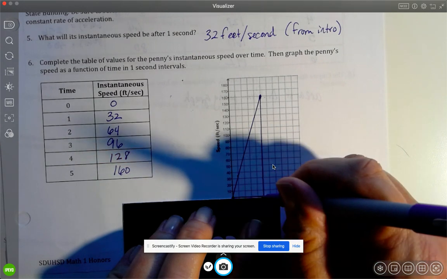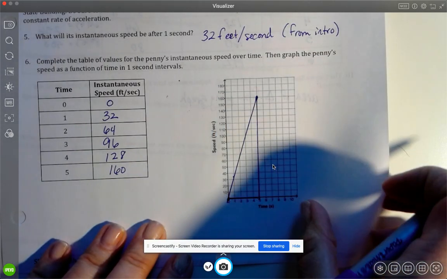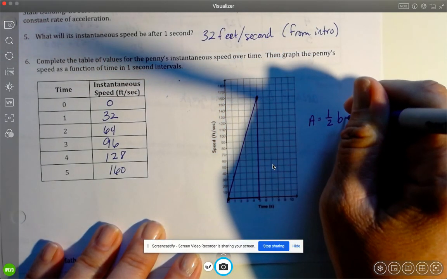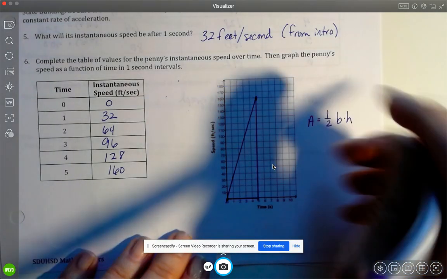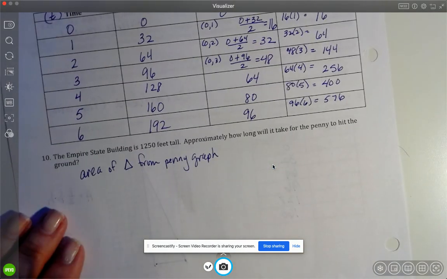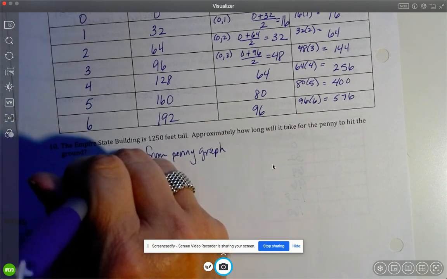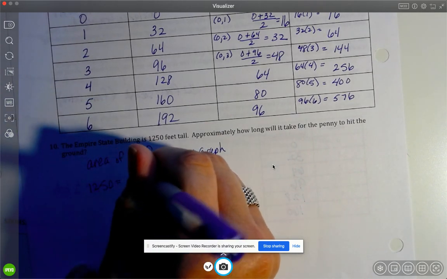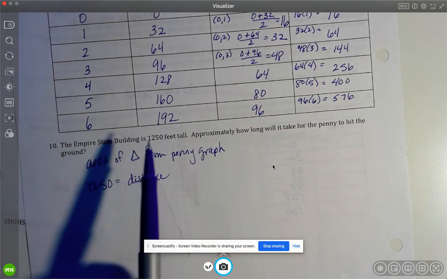Okay, so here's my triangle, and area of a triangle is 1/2 base times height. So I already know the distance. I mean, 1250 is the distance that I'm traveling because it says it's going to go from the top, which is 1250, all the way to the ground.